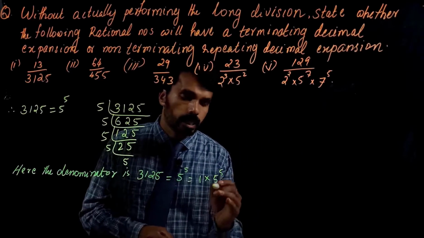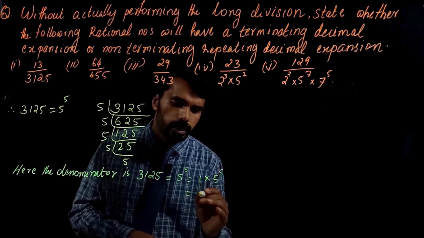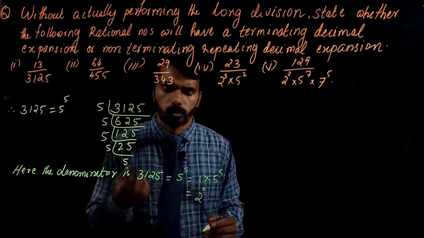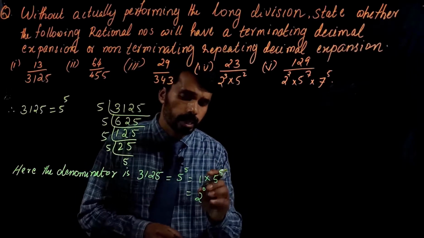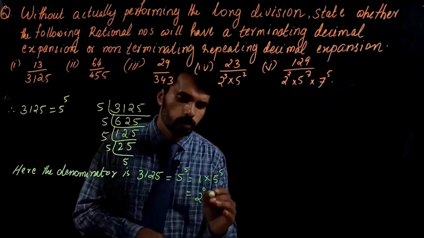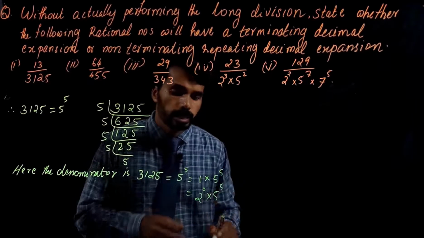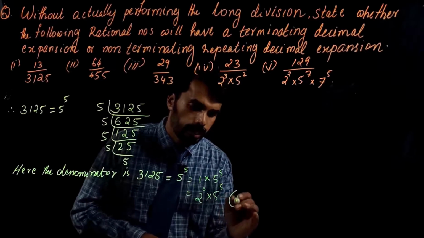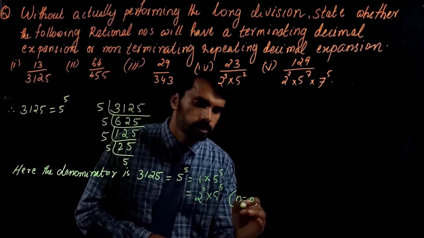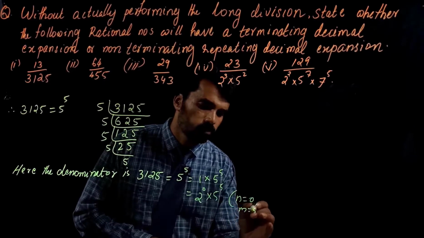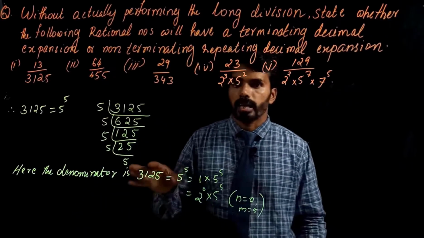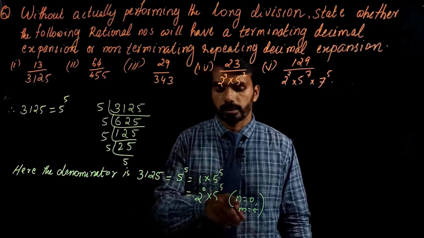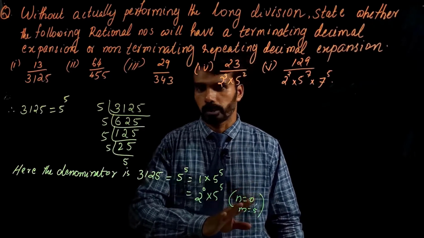But let us rewrite it: 1 can be written as 2 raised to 0. What is 2 raised to 0? It is 1. So we rewrite it as 2 raised to 0 into 5 raised to 5. Now it is of the form 2 raised to n into 5 raised to m, where n is equal to 0 and m is equal to 5. Here n and m are non-negative, so 0 is possible.